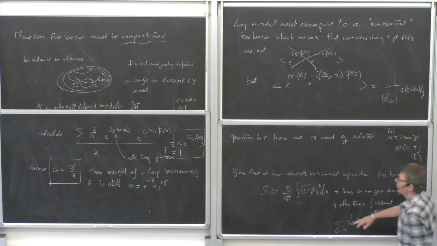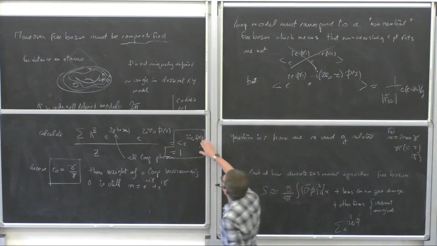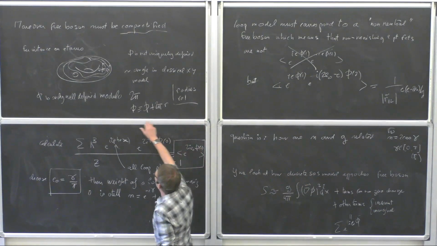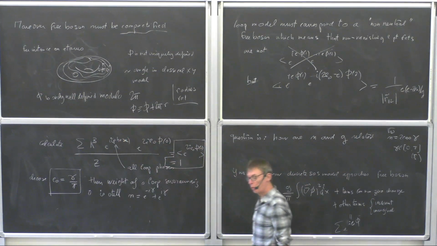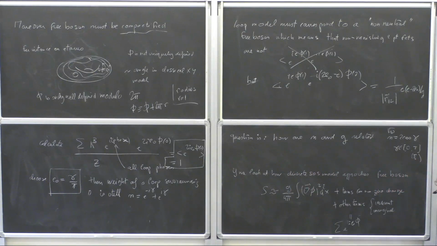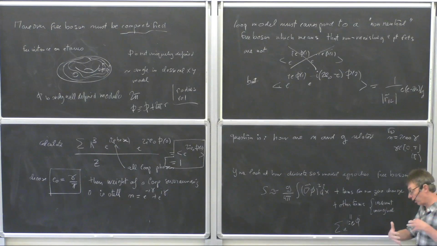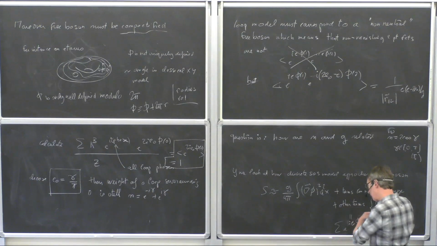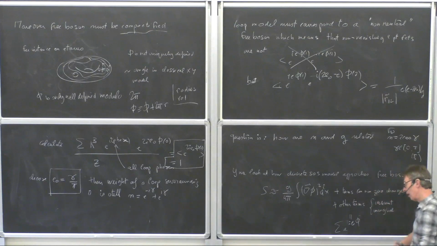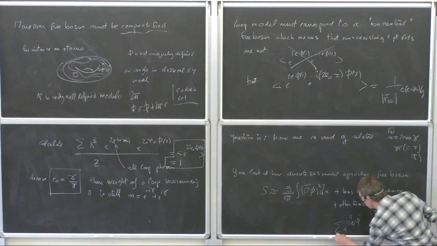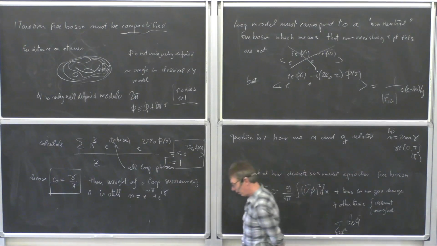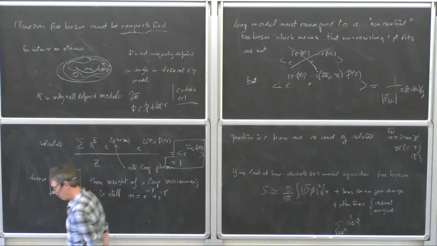And because phi, after all, is only defined modulo 2 pi, which, by the way, is kind of obvious when you think of how we've defined it recursively, we had to start from somewhere, and depending on that somewhere, we may have a global change of the value of phi by 2 pi. So it's clear that e should be an integer. Okay, so in general, we can expect corrections to go that way.